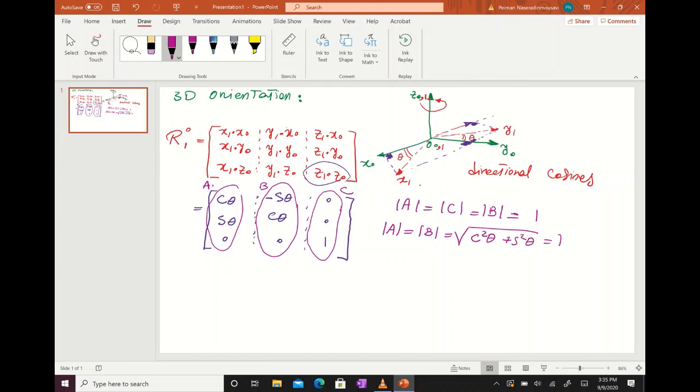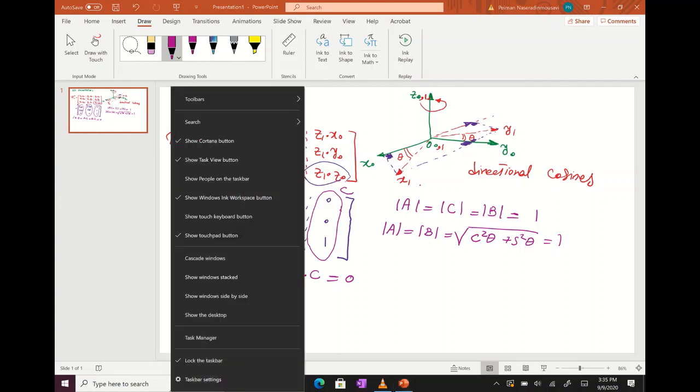And the magnitude of C is 1, obviously. And A inner product B equals A inner product C equals B inner product C, all of them are 0. It means the columns of this rotation matrix are normal to each other, from the inner product I said that. So this is another property we have to check.